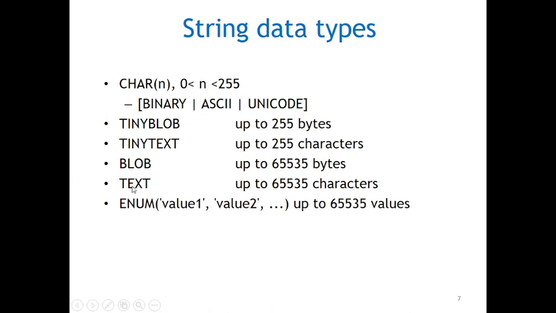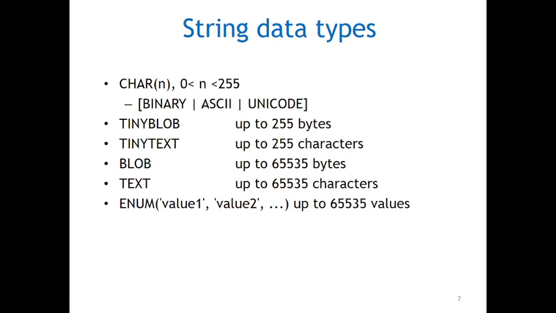If you have pure characters, you use the data type text. Like in Oracle you use varchar2, here you use text. So tiny blob, tiny text, blob, text, then enum. Enum is like credit cards: you have types, no?